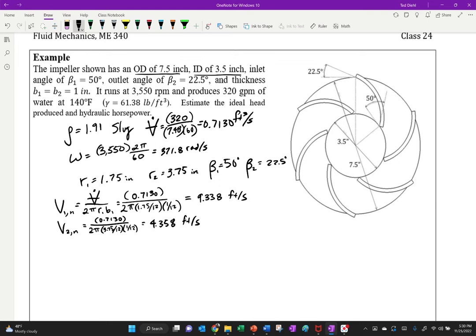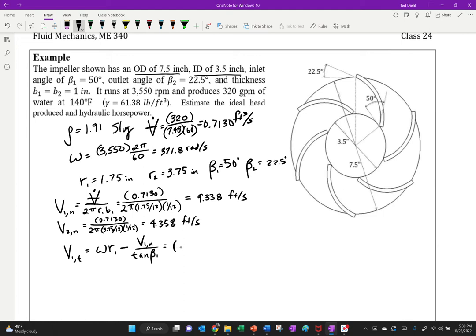Now, taking the equations we had shown in the previous video for the tangential components, the tangential component of velocity is going to be omega r1 minus v1n divided by the tangent of beta 1.